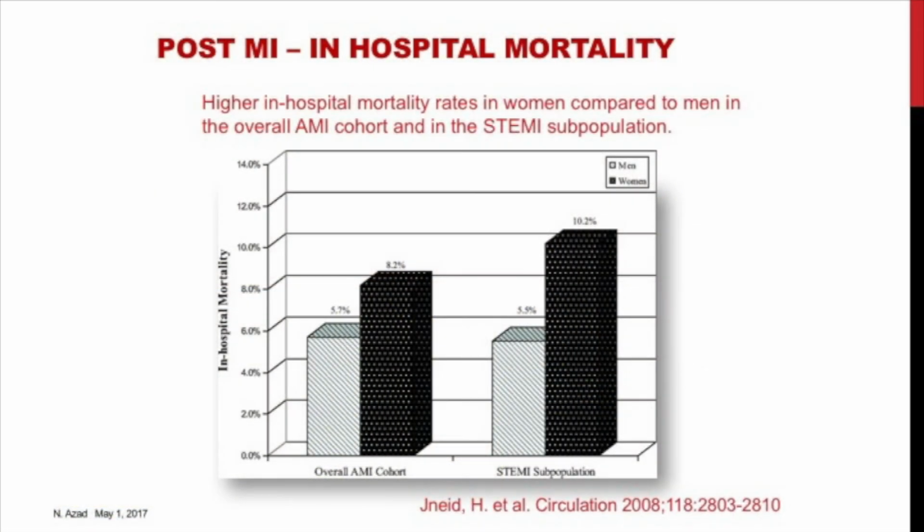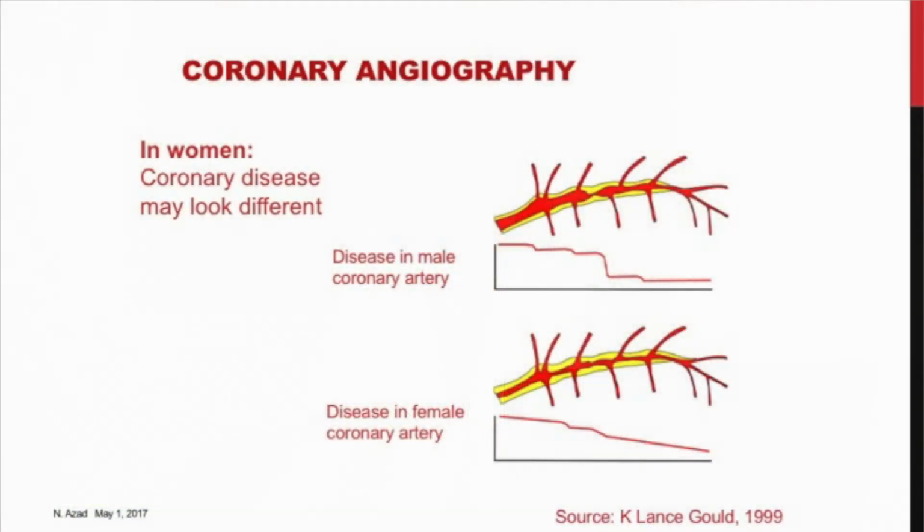If you're a woman and you have an MI, the risk of death is much higher compared to men. Why is that? We are all aware of obstructive coronary disease. If you look at the blood flow in the coronary, when there's an obstruction, the blood flow drops.